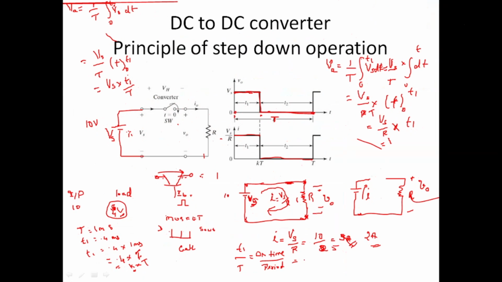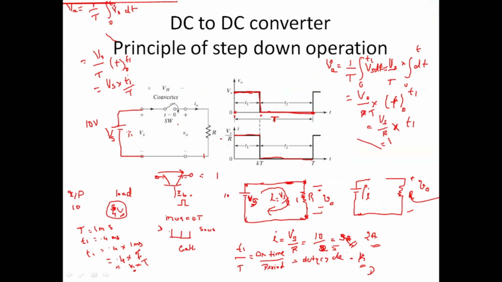This itself we call the duty cycle. In this text, Rashid has used the symbol K. In some textbooks they use D also for duty cycle. Any term you can use. I will use K.